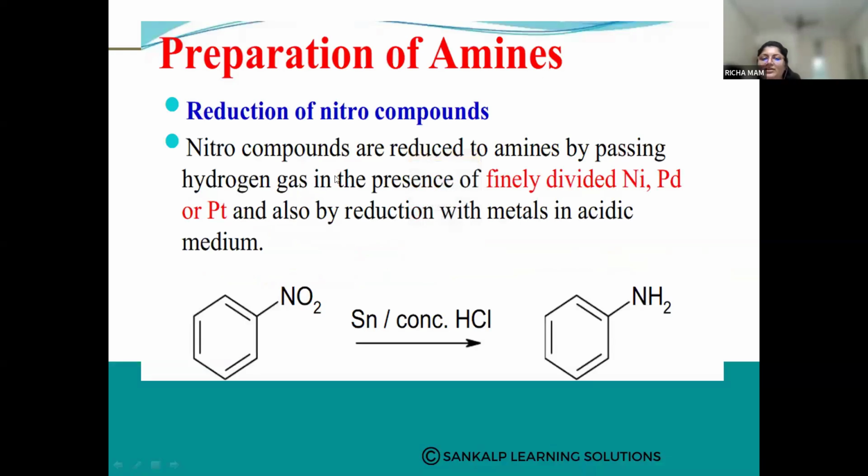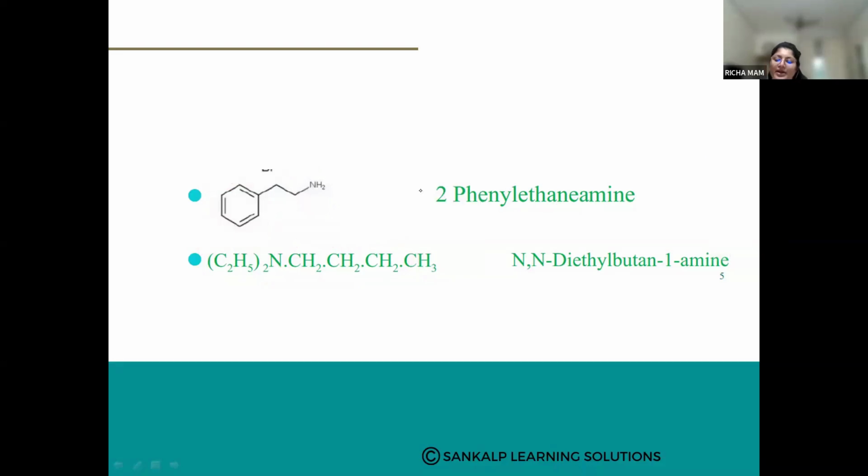Next, before going to the preparation of amines, let us first see the structure of amine. Let me write the structure of amine here: CH3, CH3, CH3.